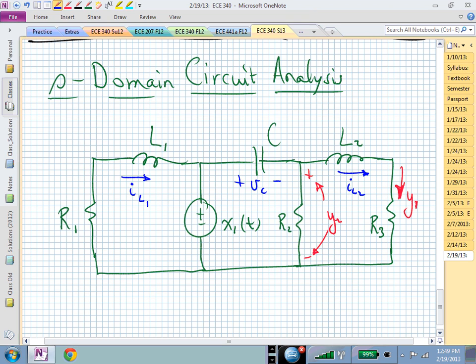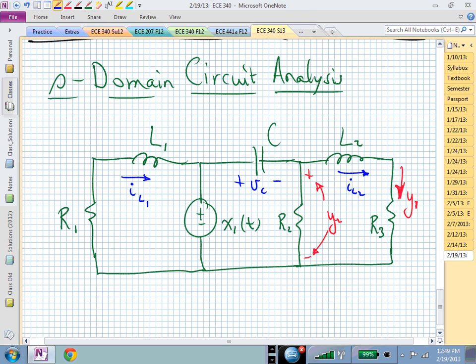Are we assuming what? We're assuming this captures the essence of the circuit. So any losses that might be present have been absorbed into these representations for R sub 1, R sub 2, and R sub 3. Is this circuit or system stable?